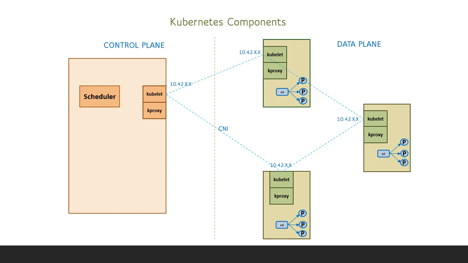Now once the scheduler decides which container runs on which VM, and once containers are started on those VMs, we need a component or an agent to monitor the state of those containers.